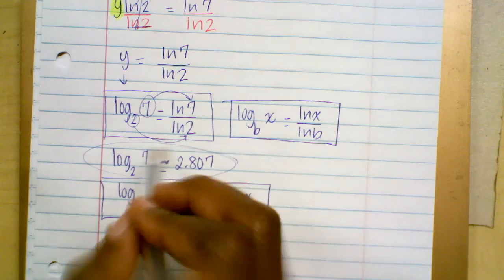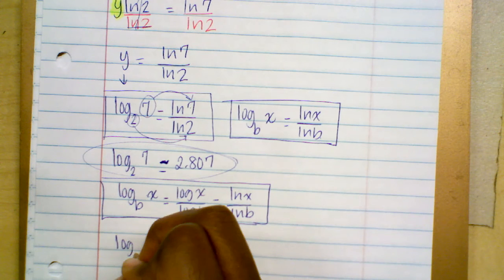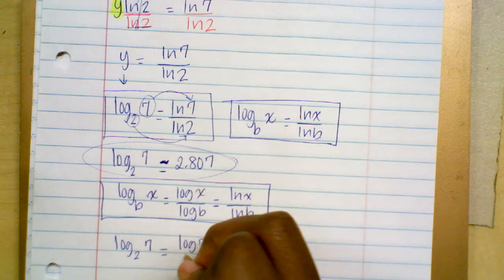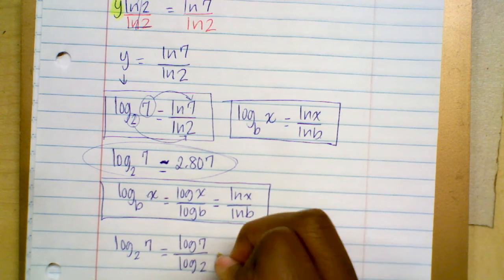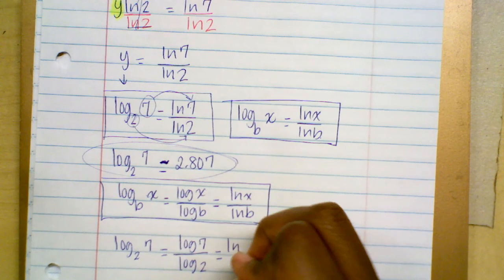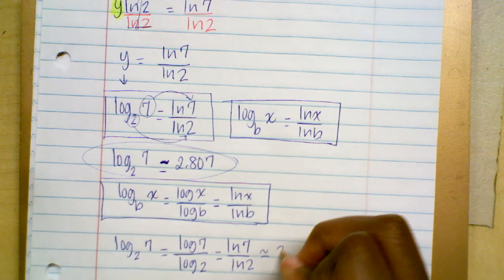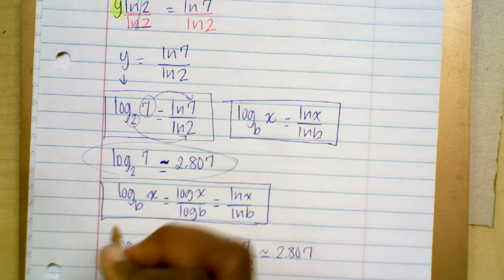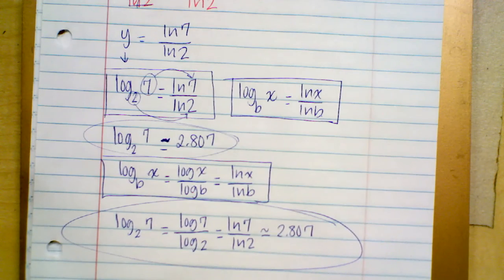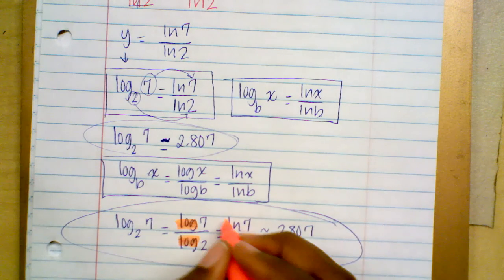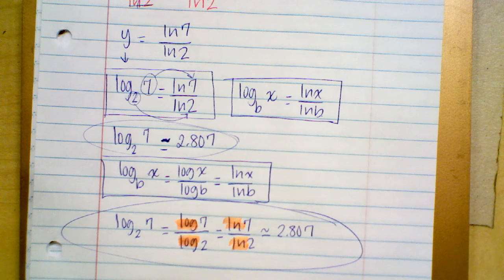For our example, log base 2 of 7 is equal to the common log of 7 over the common log of 2, which is the same as ln of 7 over ln of 2, and the answer is about 2.807. To apply the change of base formula, you can use the common log, or you can use ln, the natural log.